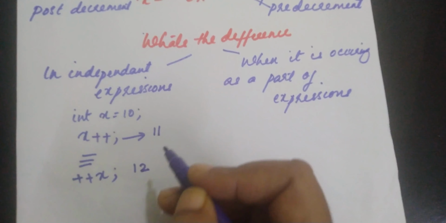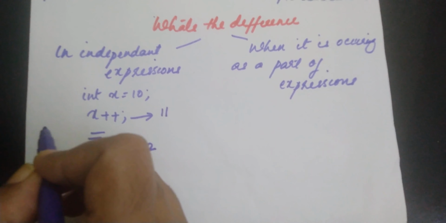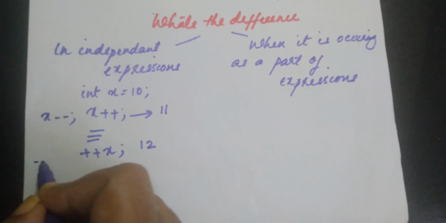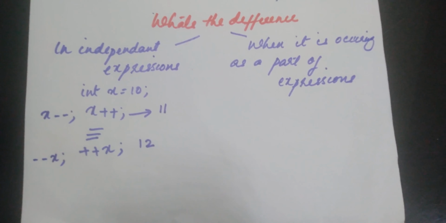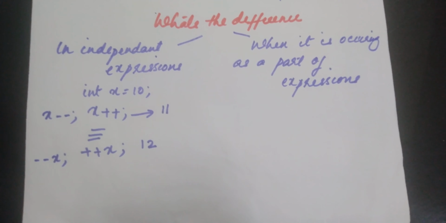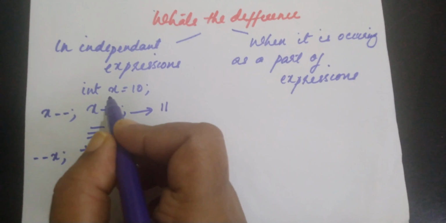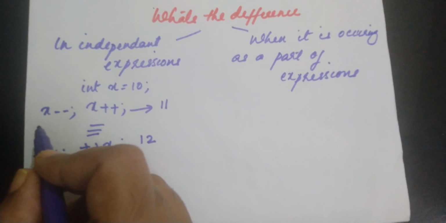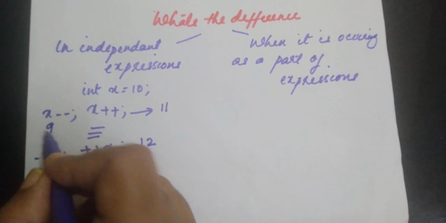In the same way, for the decrement operator also, if I write x-- or --x, there is no difference. In both cases, the value of x will be decremented by 1. That is, if x = 10 and I have written x--, then the value of x becomes 9.